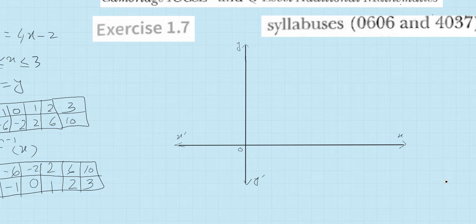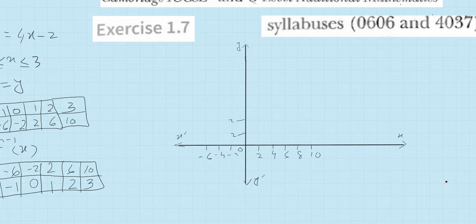So I am taking 1 square as 2, then 2, 4, 6, 8, 10, and this is minus 2, minus 4, minus 6. Similarly, on the y-axis, I am taking 1 square as 2.